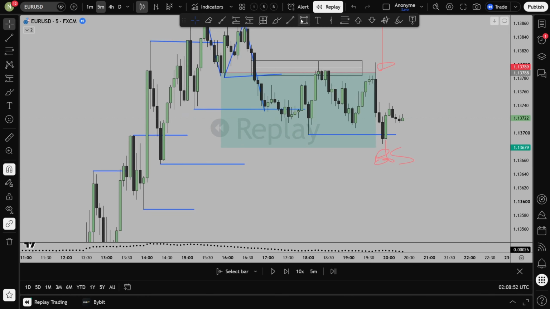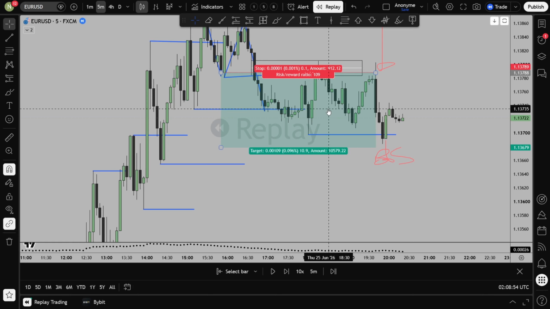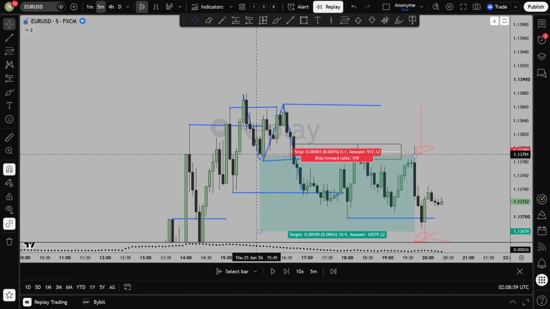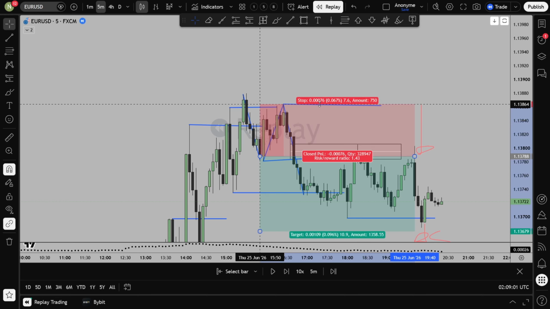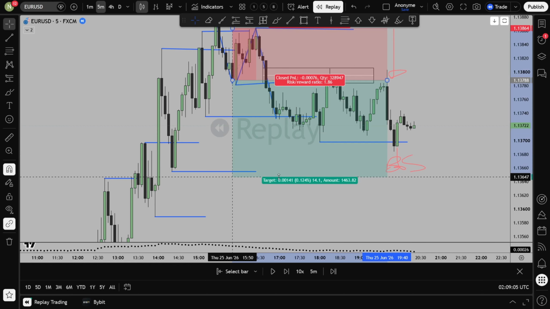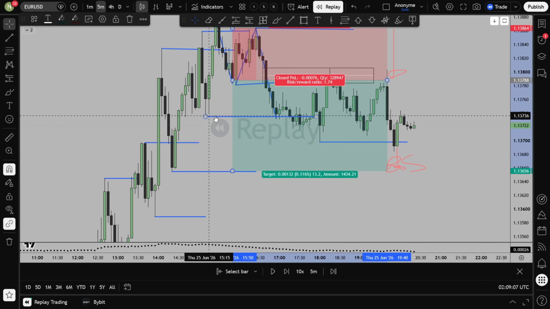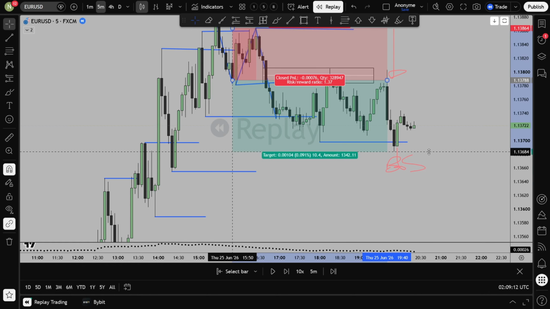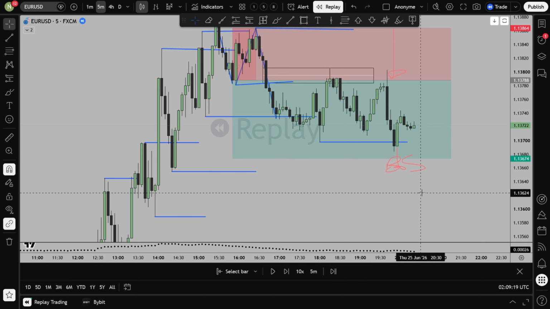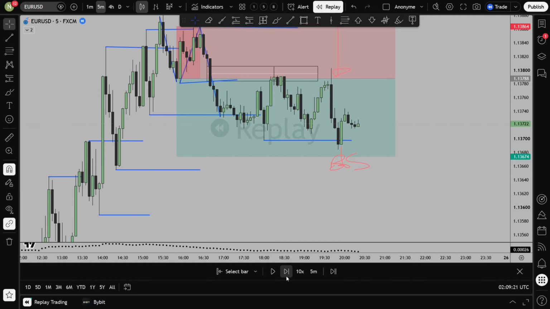So where would be your target? Your target could be the previous change of characters, for example, here or here, or it could be just a fixed number, for example, 1.5. It could be your fixed risk to reward, and you're waiting, and that's it.